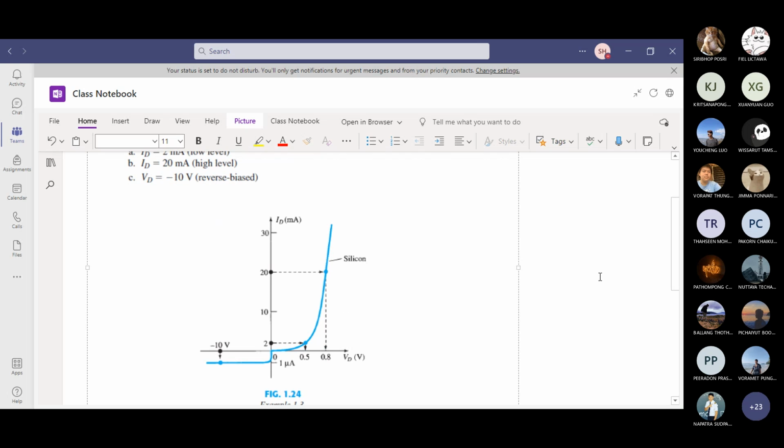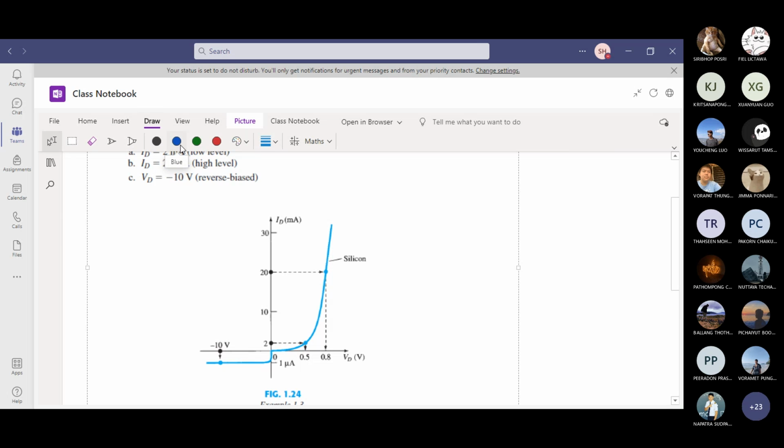DC resistance. What's the formula for resistance? Ohm's law. Did you calculate? 0.5 volt divided by 2 milliamp.